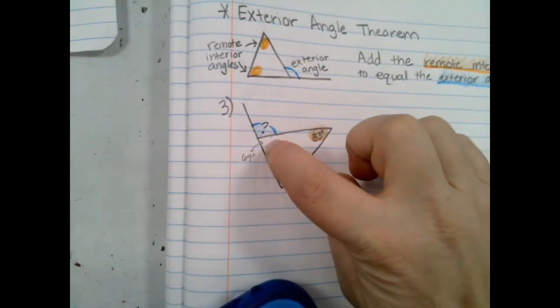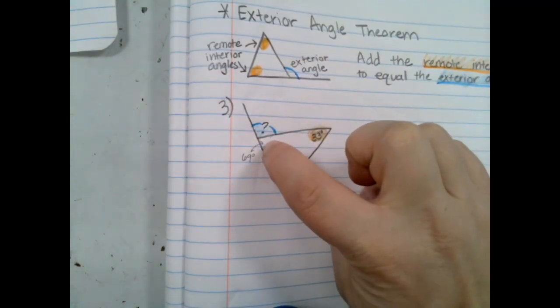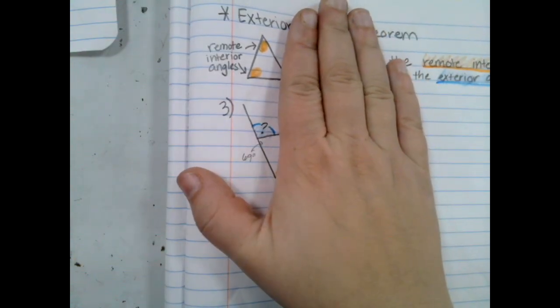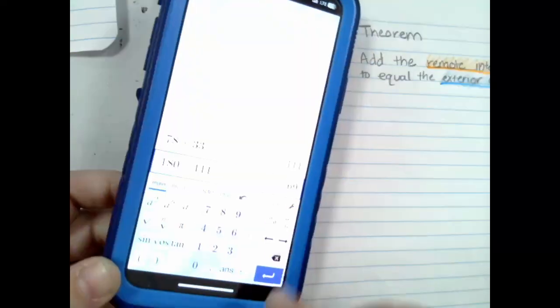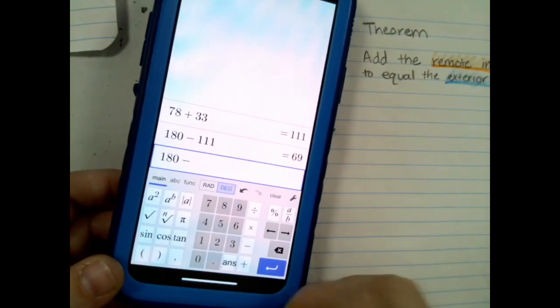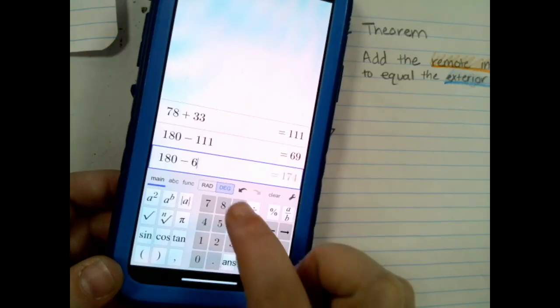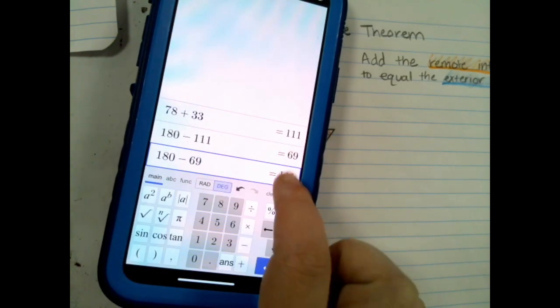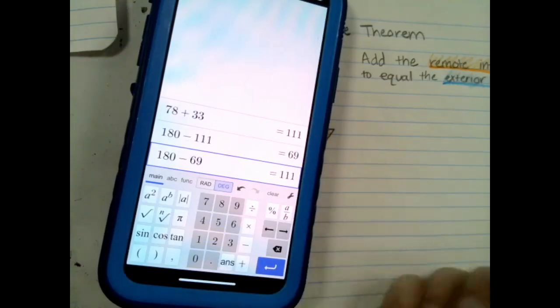But then what do I know about these two angles? This one, the inside right next to it, and the one outside. What kind of angles are they? Supplementary. They add up to 180. So then I would just do 180 minus 69. But that's our math facts that just tell us that 180 minus 69 is going to give us the original answer, 111.